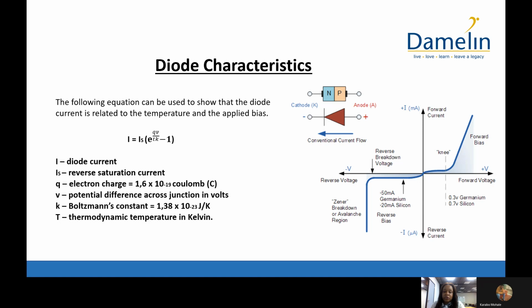That value is given to you in the equation. And K stands for the Boltzmann constant, which is 1.38 times 10 to the negative 23 J/K. And T stands for the thermodynamic temperature in Kelvin.